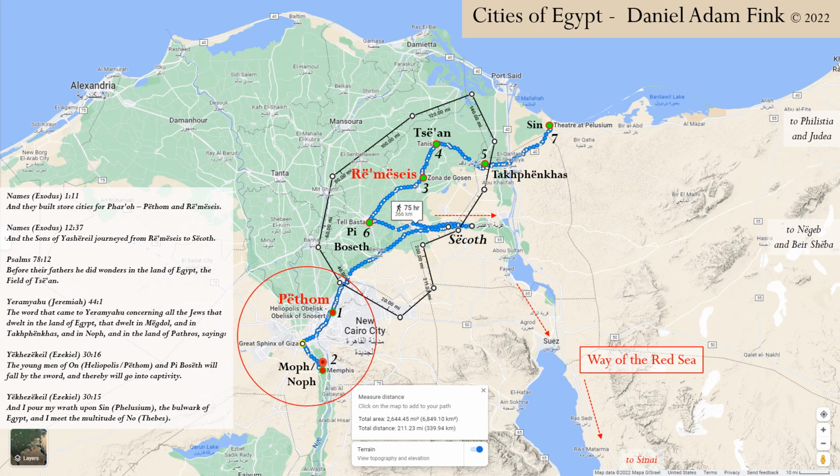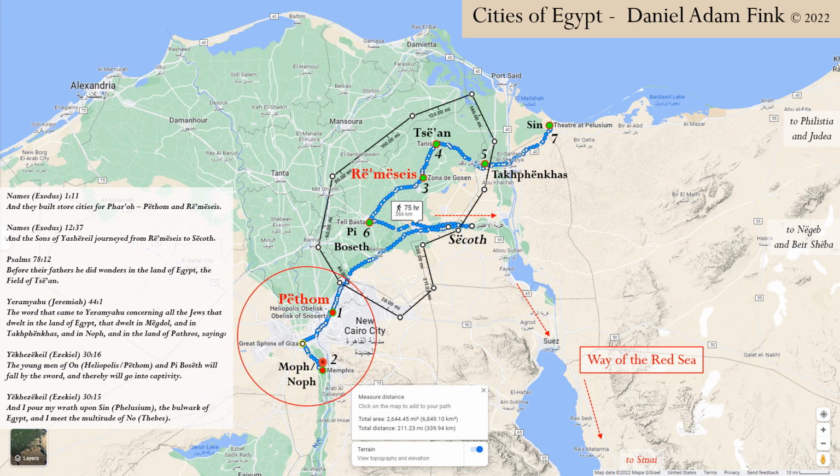As you can see where they are located and where they are clustered, that's the true meanings of departing Pithom and Raamses. This was the heartland of the Hyksos. Yehezekiel, Ezekiel: "The young man of On," that is the name of the city of Heliopolis.